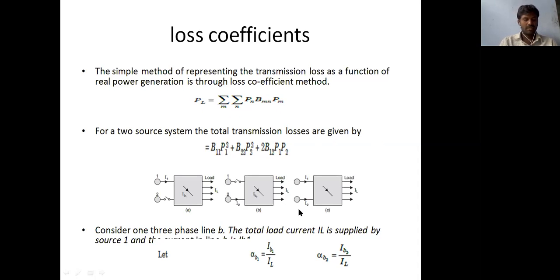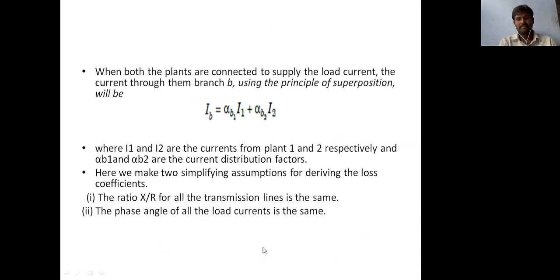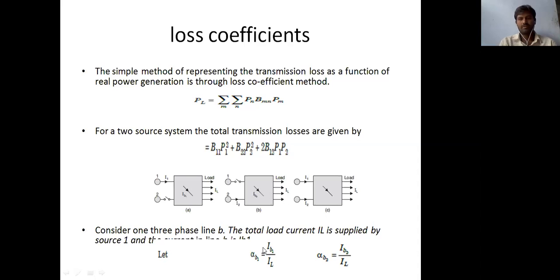Using superposition, the current flowing in the bth branch of the transmission line network is obtained from the sum of currents. Here alpha B1 equals branch current IB1 by load current IL, and alpha B2, the current distribution factor, equals branch current IB2 by load current IL.